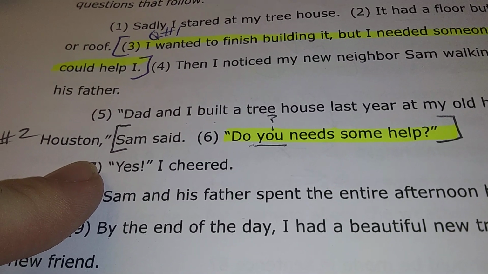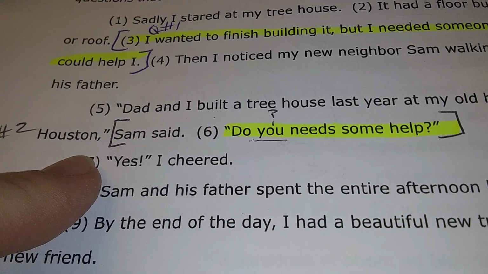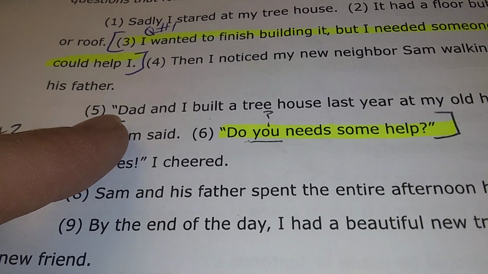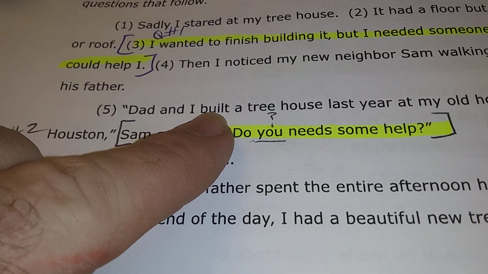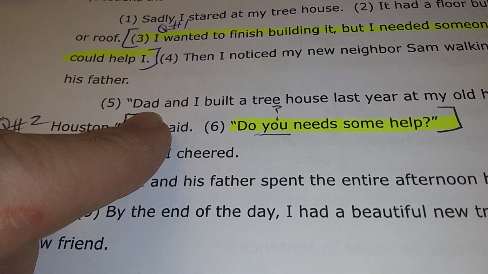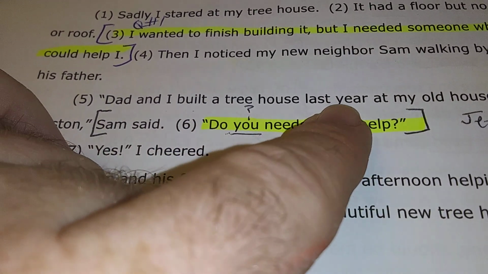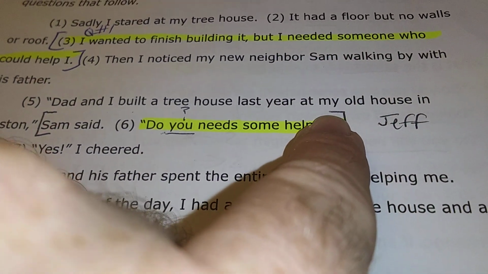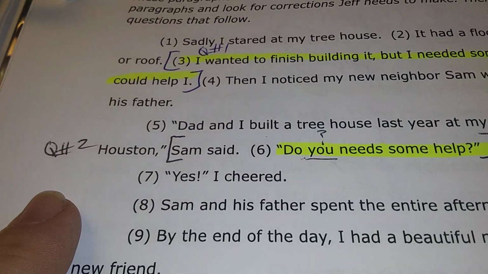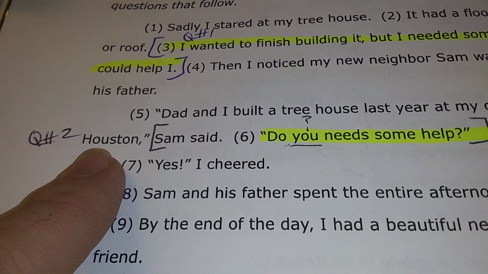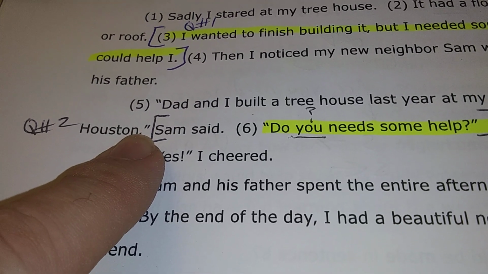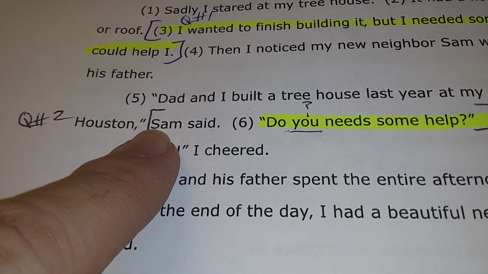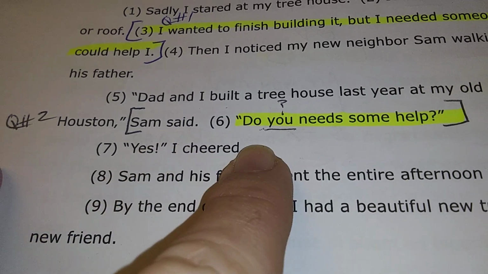If you're going to do what I call verbalizing your capitalization and punctuation, you can say: quotation, capital Dad and capital I, built past tense, compound subject, a treehouse last year past tense, at my old house where, in Houston, where, comma, quotation, capital Sam said, period.